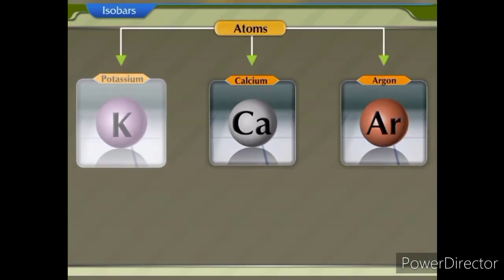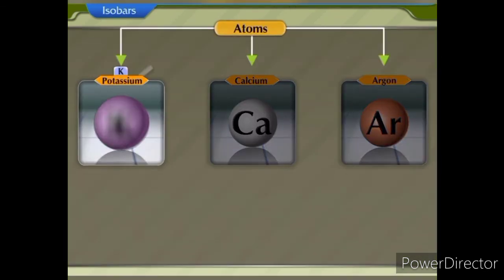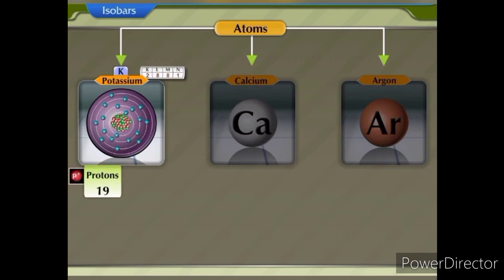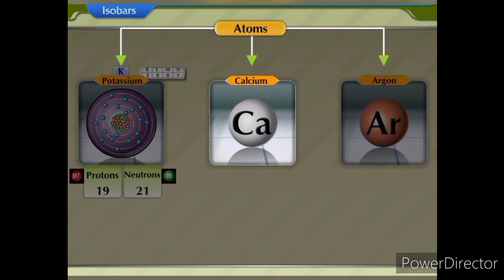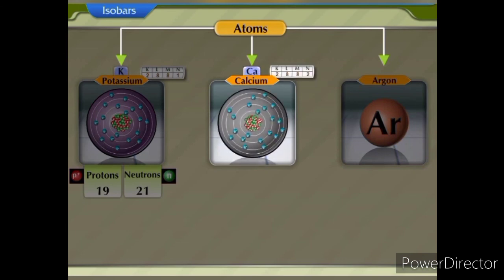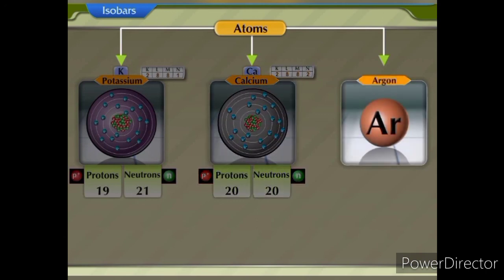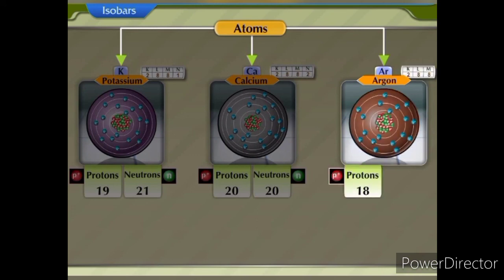Isobars. Potassium K atom has 19 protons and 21 neutrons in its nucleus. Calcium Ca atom has 20 protons and 20 neutrons in its nucleus. Argon Ar atom contains 18 protons and 22 neutrons.